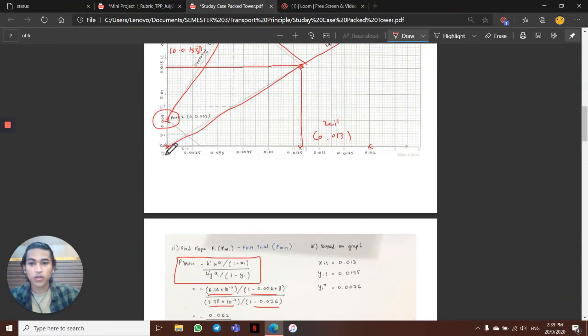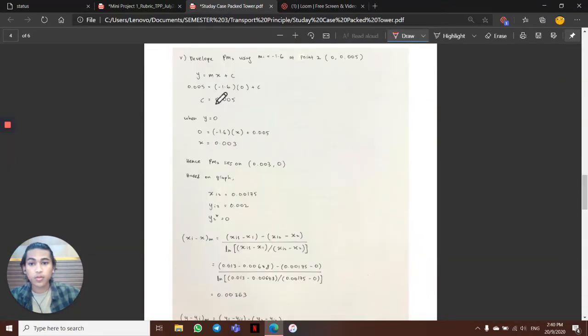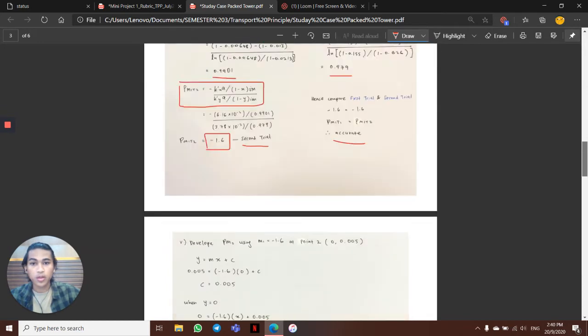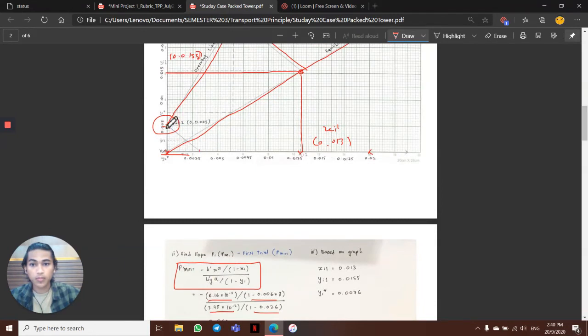If we see it horizontally, it will intersect the x-axis here. Alright, so from here we can get the gradient of PM2, which lies on 0.003 and 0, here.